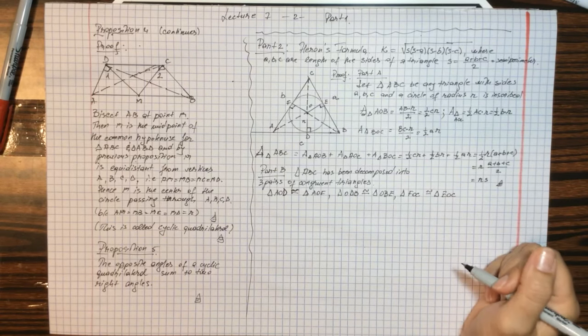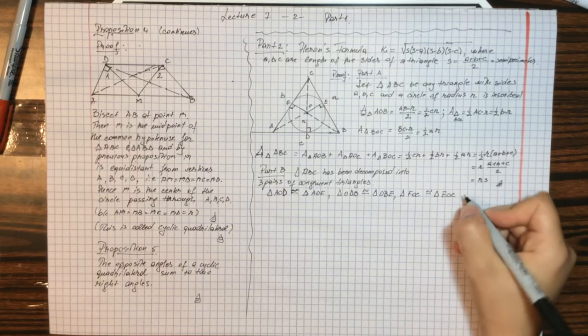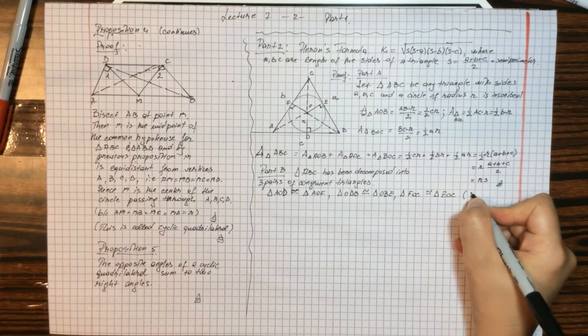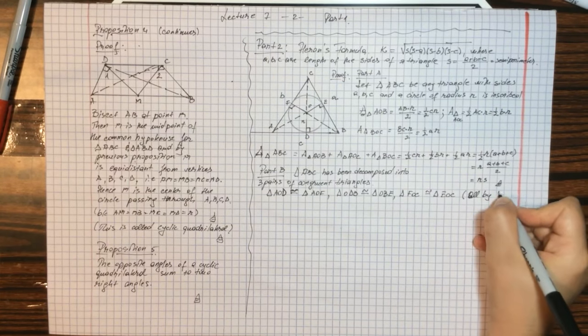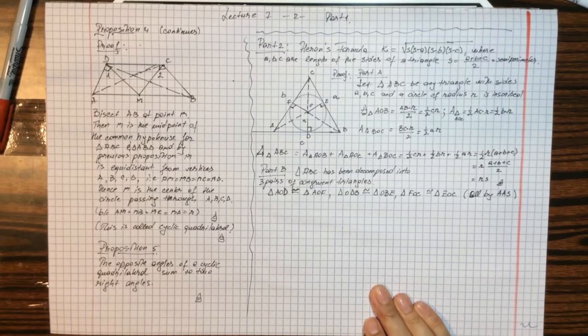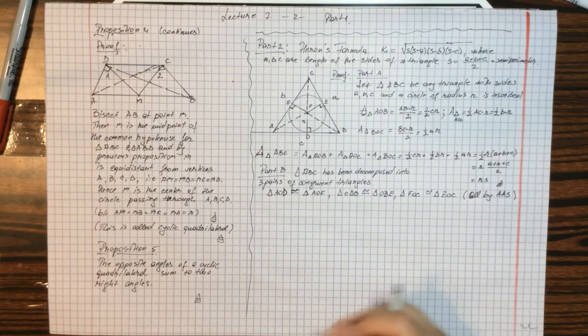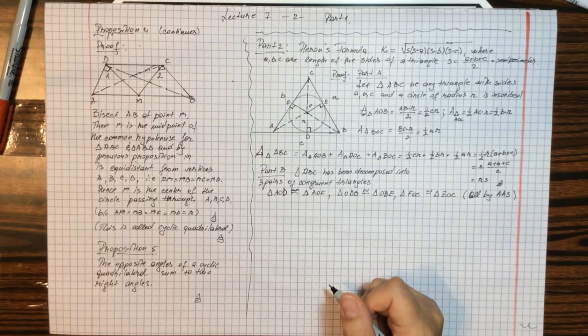Why are these triangles congruent? I'm not going to write it, but they are all congruent, all by the angle-side congruence scheme.